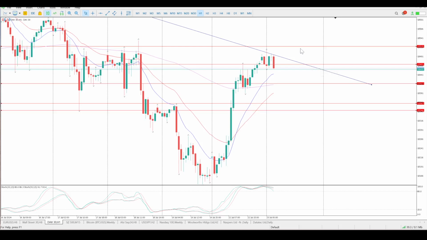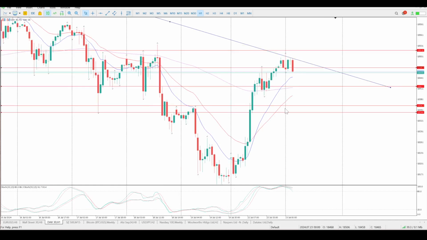So that's why I say any move above 18,500 and a pullback and a retest, that's my opportunity for long setups. Until then, we just wait and see what happens lower down. If it does form, then it's well worth taking. But if we do drop below the moving averages, then I am sitting on my hands and we'll wait for better opportunities.